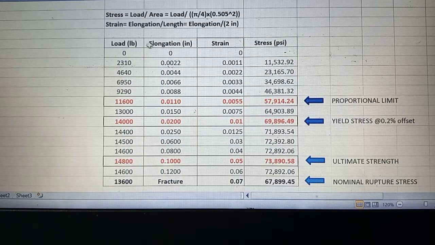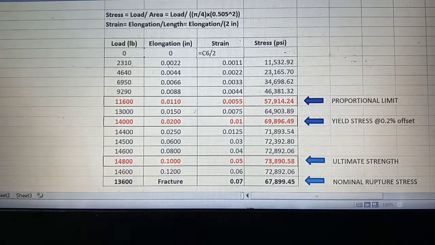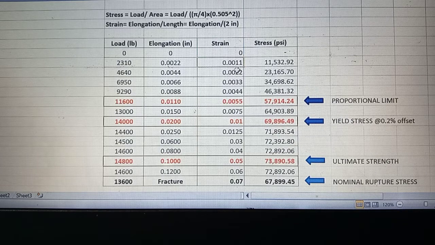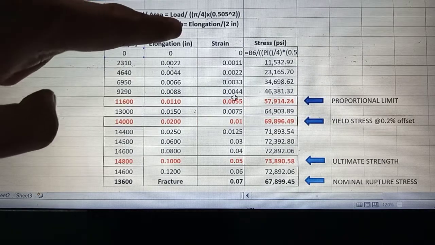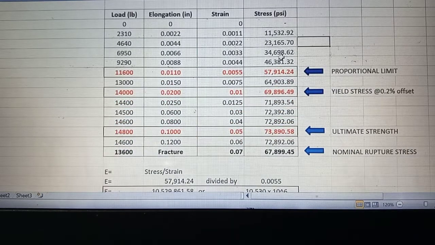The strain is equivalent to elongation over the length, so it is this column over 2 inch, so that we can find the value of strain. And then the stress is equivalent to the load divided by the cross-sectional area, which is pi over 4 times 0.505 squared. To make the long story short, we get all of this.